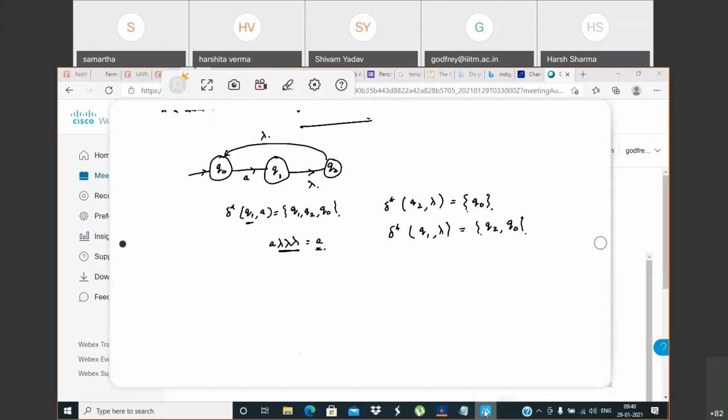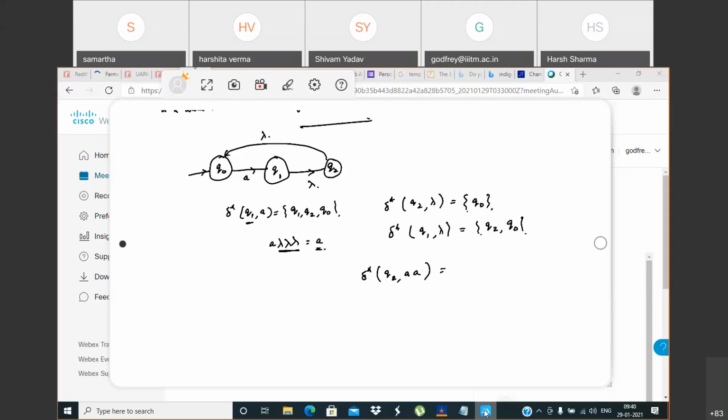Similarly, if I have delta star Q2 comma A, A, where will I be able to go? From Q2, first I go to Q1 and back to Q2, then second I go to Q1.